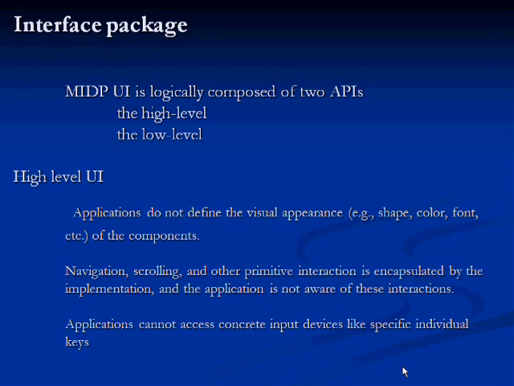The normal Java UI, the abstract windowing toolkit, does not support implementing most of these features. So MIDP has introduced a new interface package to achieve these goals. MIDP UI consists of two parts, high-level API and low-level API. High-level API is designed to achieve portability.